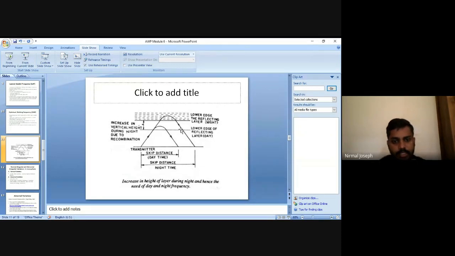So the same wave has to reach much higher levels in order to bend down to the receiver side. So during night time the lowest usable frequency will be a different one. That is quite a natural thing.